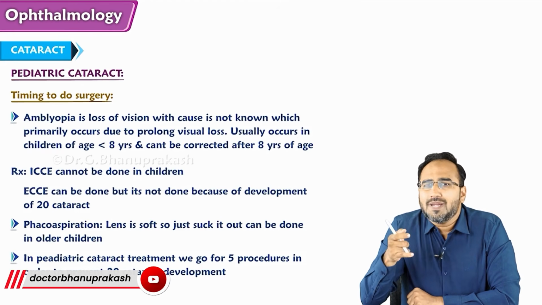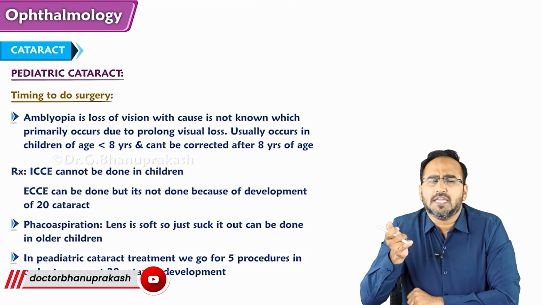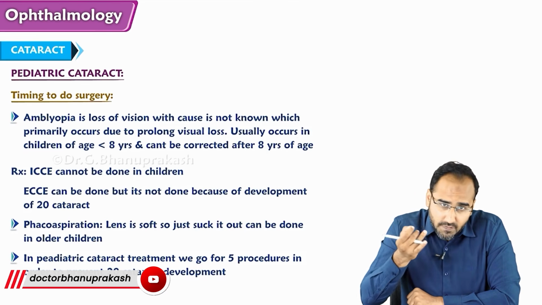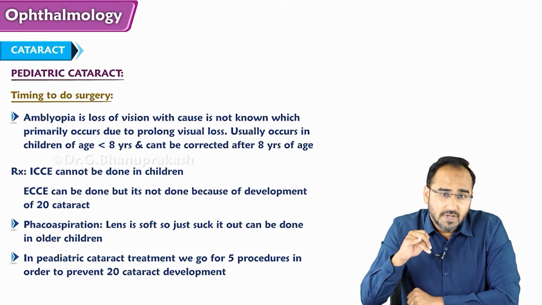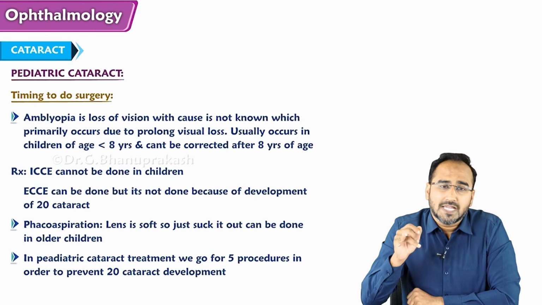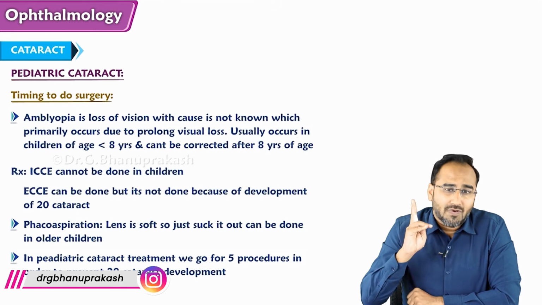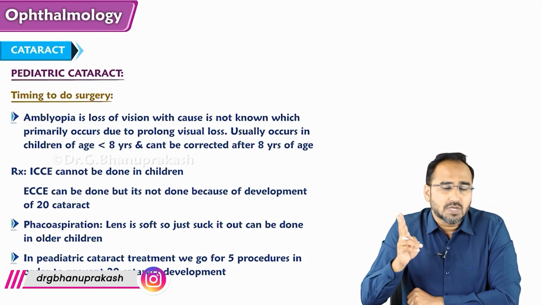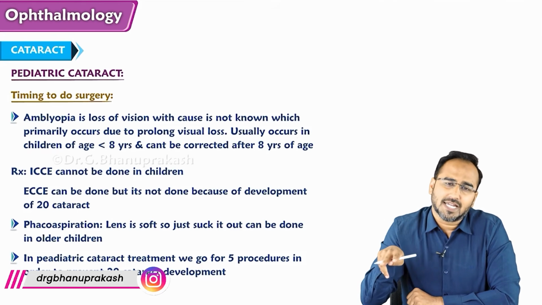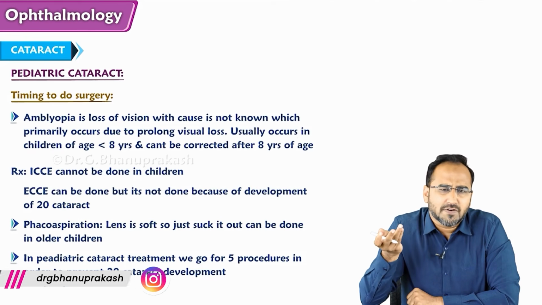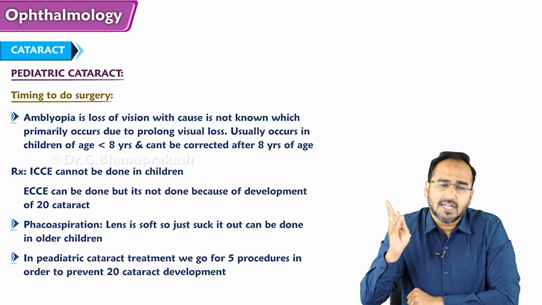No. Biometry is very difficult at that age. So we remove the lens. After removing the lens, we wait for the child to become 2 years old. Once the child becomes 2 years old, we go for biometry, where we measure the axial length and keratometry, and the exact power of the intraocular lens, and then we place it.